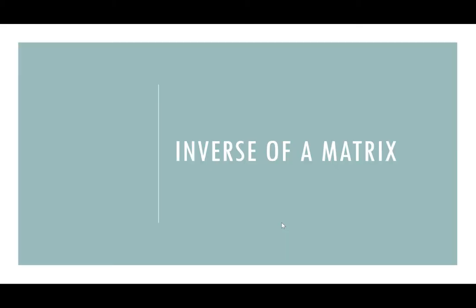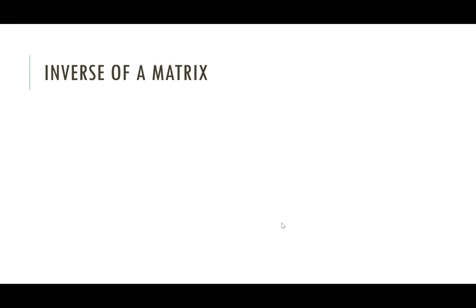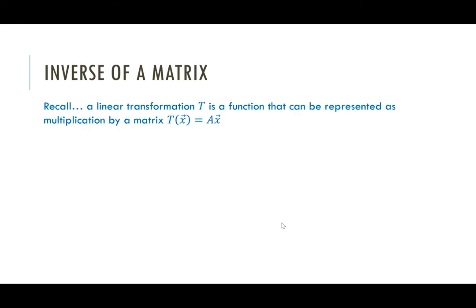Okay, so now let's use this to talk about what the inverse of a matrix should be by definition. Let's recall that a linear transformation, T, is a function that can be represented as multiplication by a matrix. So if you have some vector x, where does this transformation map x?